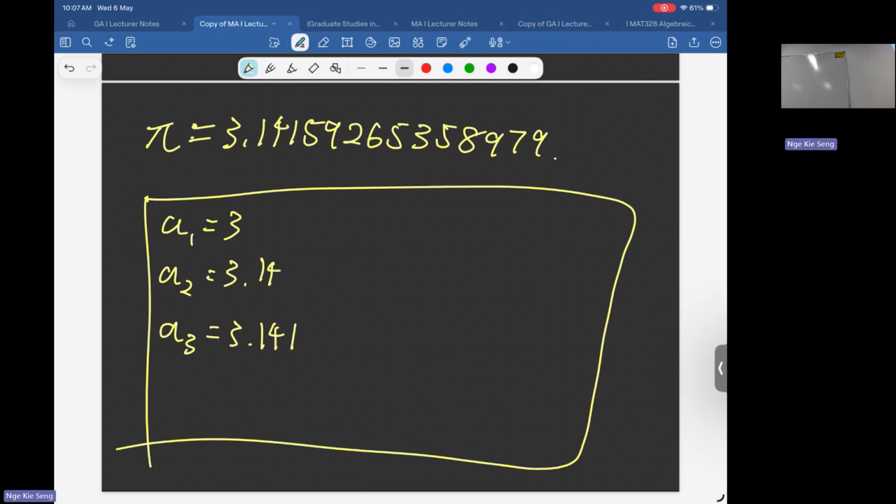Last time I told you that the real numbers are built up by a supremum of a bounded above set. You can regard this as a supremum of a bounded above set as well. If you look at this decimal expansion set, it's bounded above by pi, and the supremum is pi. So actually these two constructions are equivalent.